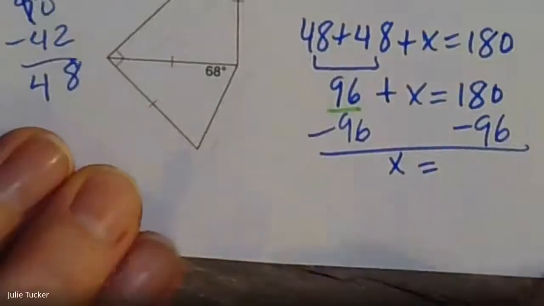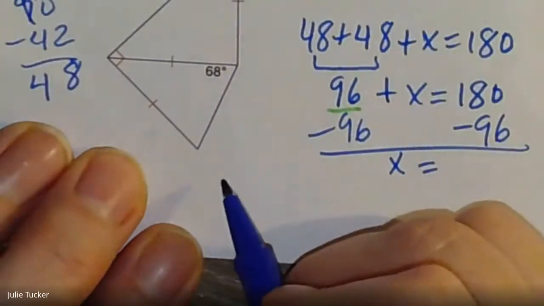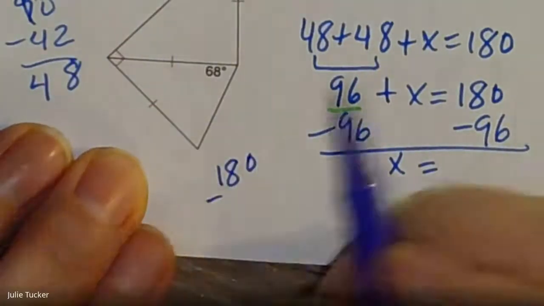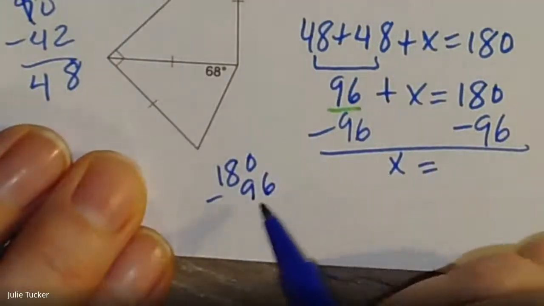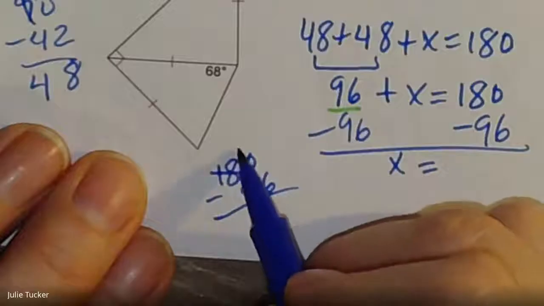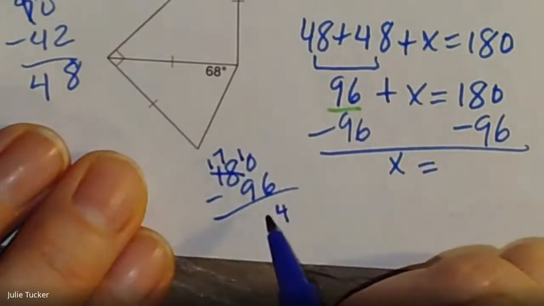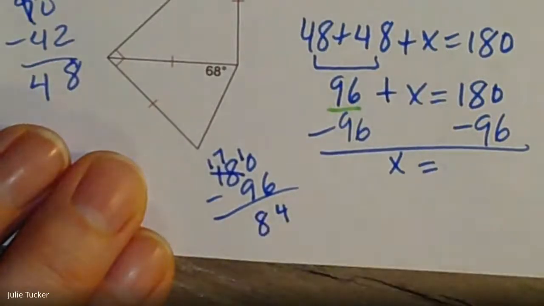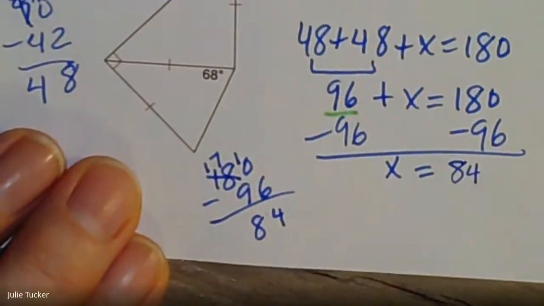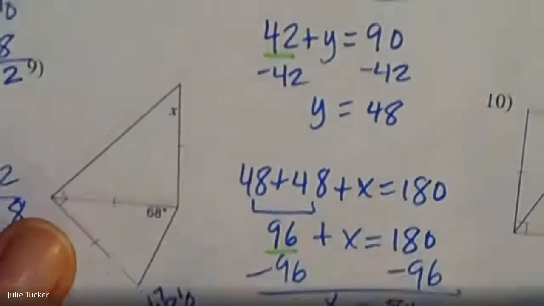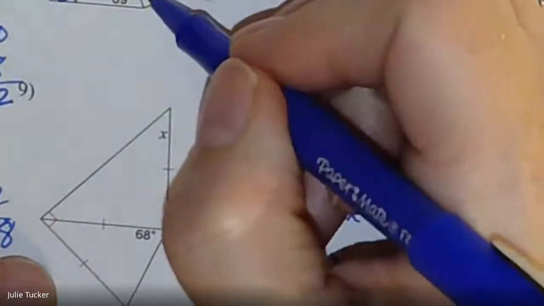So now I need to do 180 minus 96. 84. All right. So 84. Were you saying 184? You were close. It's 84.